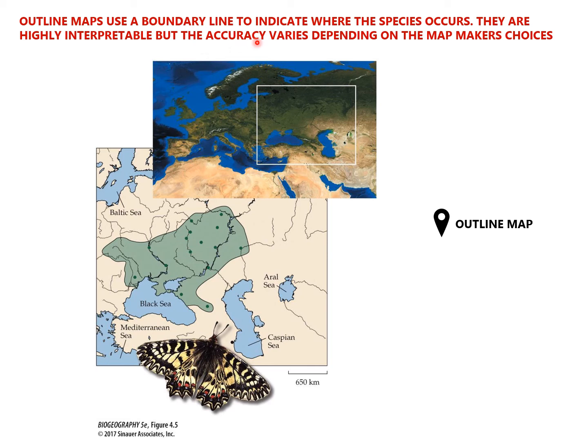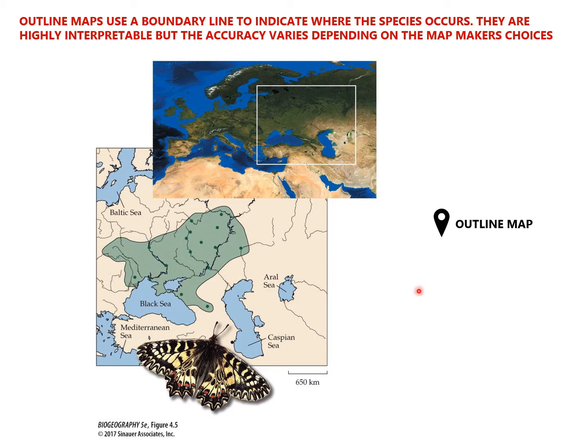The problem here is that the accuracy really depends on what choices are being made to make this map, because you can't make it 100%. It'd be impossible to draw with 100% accuracy, especially if you're talking about organisms that are mobile. And so you're just taking a best guess.